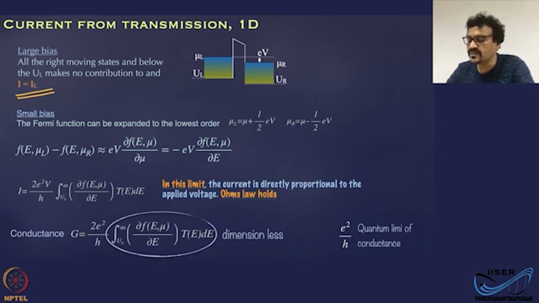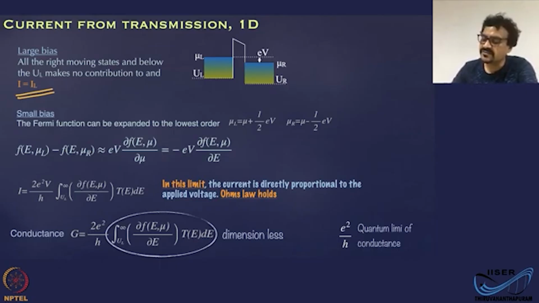So what you're going to have is 2E square V by H into the integral of T times dF by dE, where T is the transmission probability, or transmittivity.